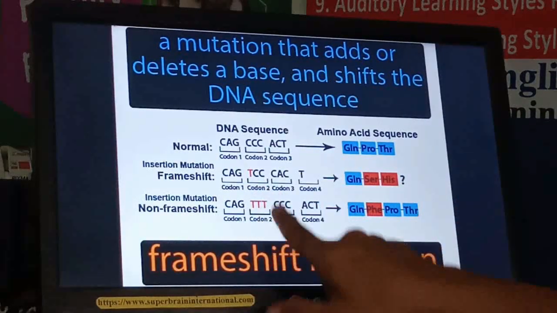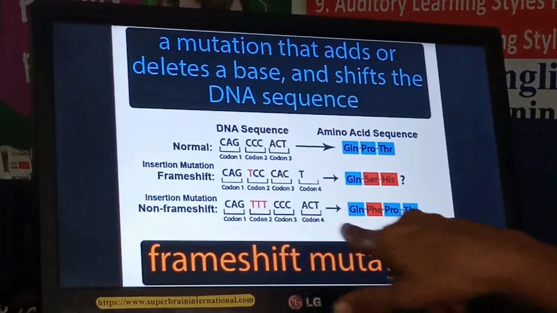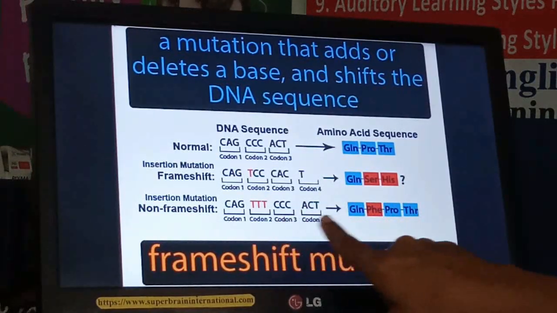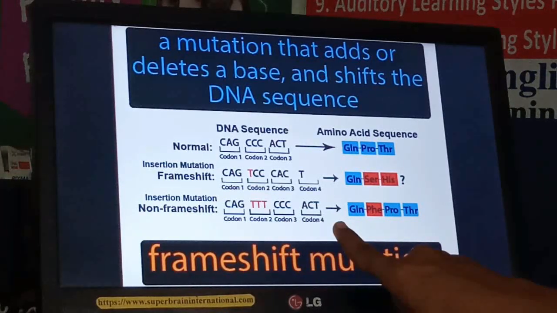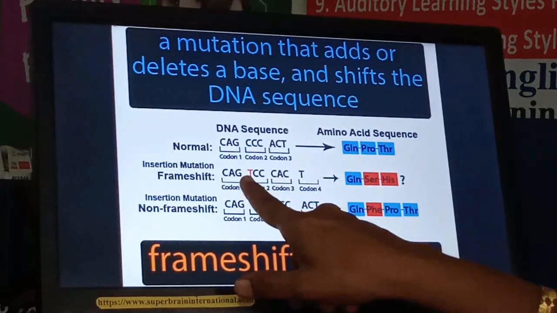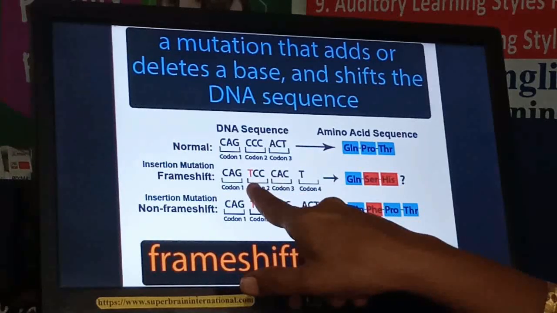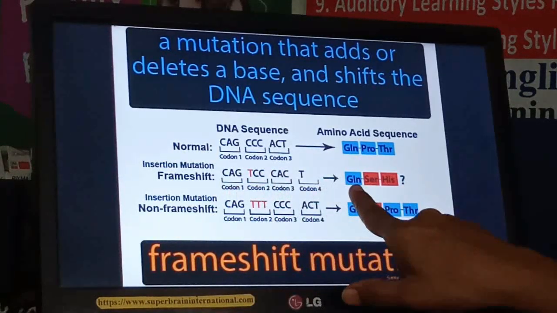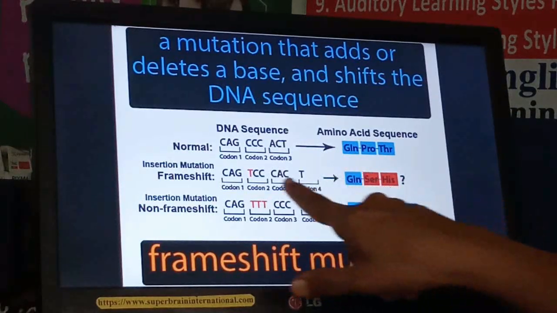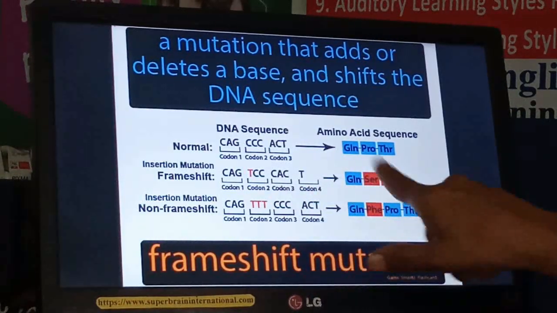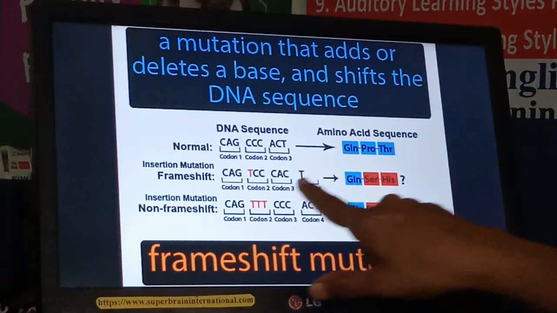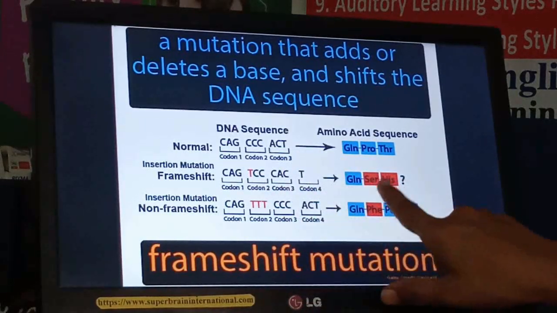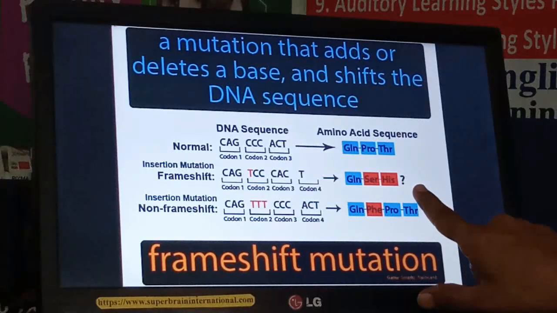So whenever a triplet is added, only one amino acid will be increased in the chain, and no further complications occur. But when 1 or 2 bases are added, the sequence ahead will be changed, and because of that the codons change their sequence, and due to the change in codon sequence, the amino acid sequence is also changed.